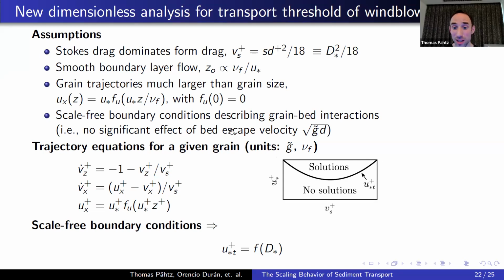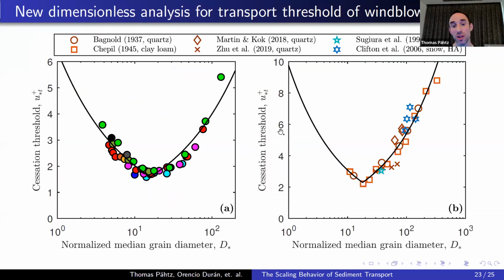This automatically means that U star plus is a function of only VS plus. And VS plus can also be written via the dimensionless grain size, capital D star. This is just another way of writing the square of settling velocity. So what we find is that U star plus is a function of VS plus or capital D star, and we have reduced the two-parameter dependence to a one-parameter dependence. This we can directly check with the simulations, and we find it's really, really nicely obeyed.